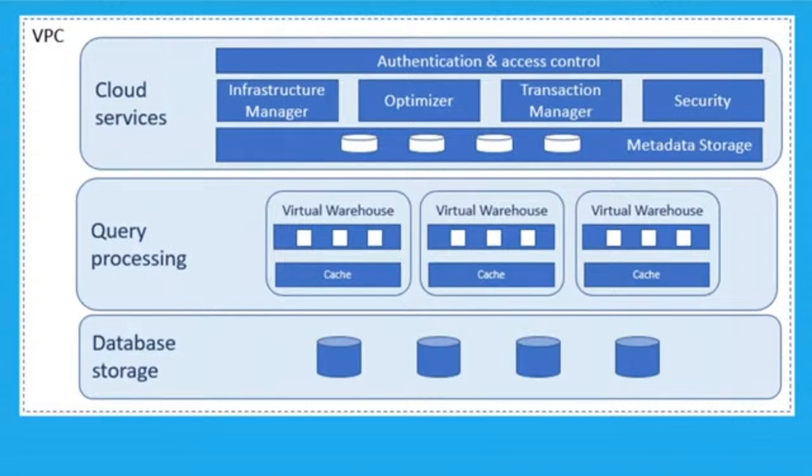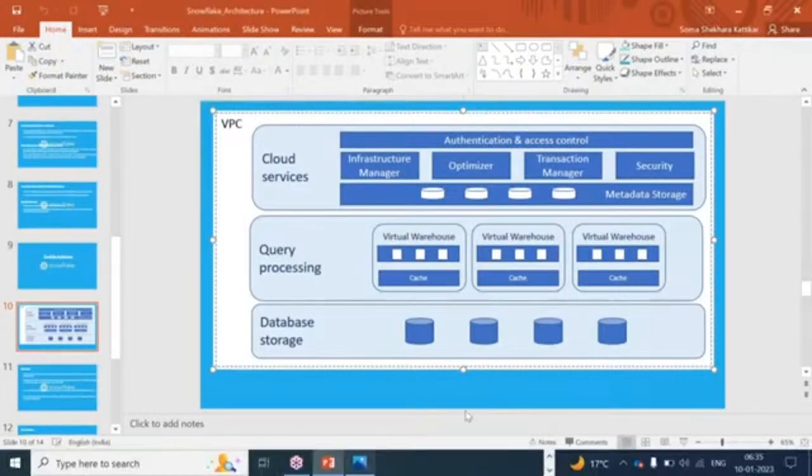You just can't see the physical devices. I will show you how to create virtual warehouses and how they look. You need to create a virtual warehouse. This is also an object, like how you create a table. So the virtual warehouse is also an object in your Snowflake that you are going to create.